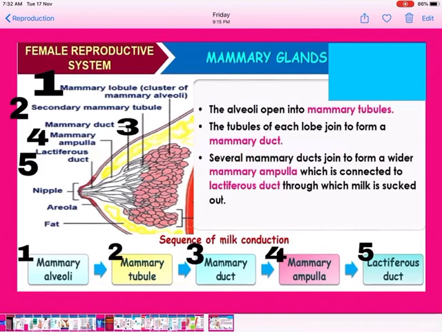Which is connected to lactiferous duct. Labeling number 5. Through which milk is sucked out. So see the sequence which is written below. Mammary alveoli, then mammary tubules, then mammary duct, then mammary ampullae, and last is lactiferous duct. This is the passage of milk conduction in the mammary glands.